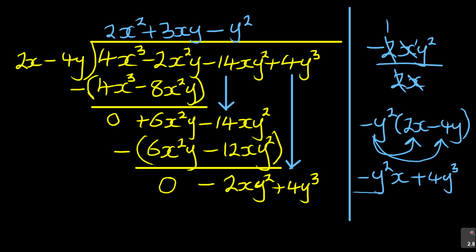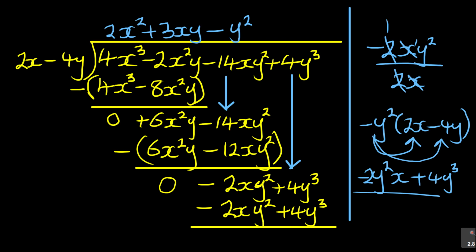Alright, you write this down, which is negative, I forgot, it's negative y squared times 2x. There is a 2 here. Guys, I forgot a 2. But you write it neatly to become negative 2xy squared plus 4y cubed. Do you see what's happening? What do you do next? You rule off. You put a bracket.